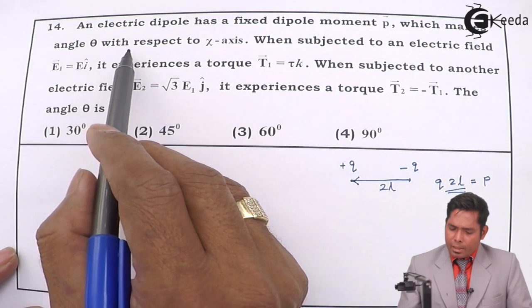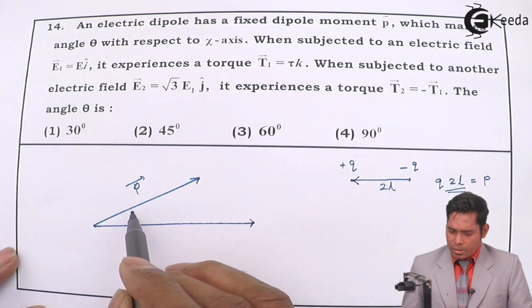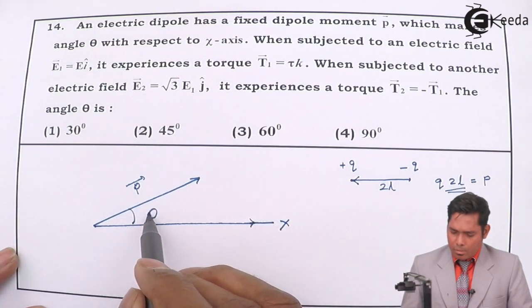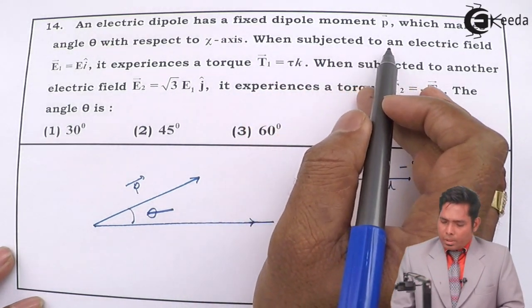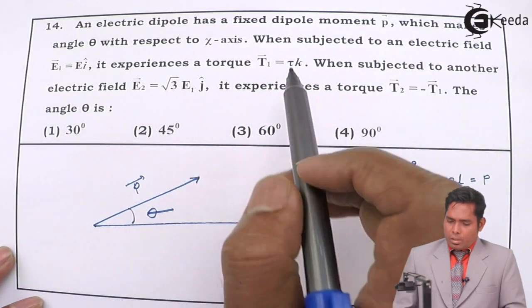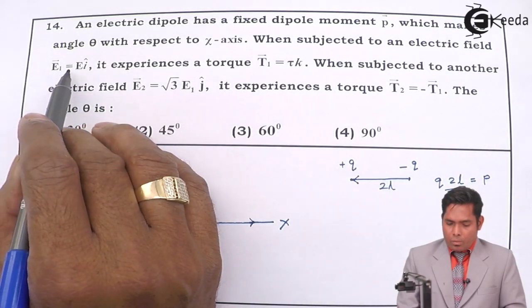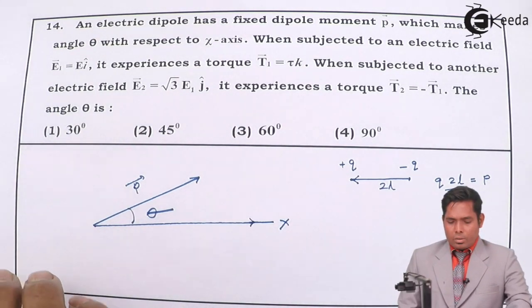Now it makes an angle theta with the x-axis. The question says that it makes an angle theta when subjected to an electric field E1 equals E i cap. So what is the nature of the electric field?